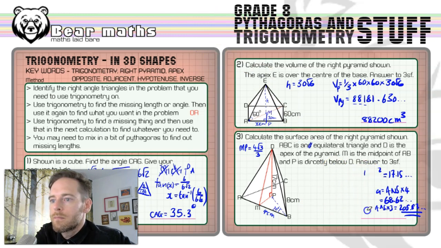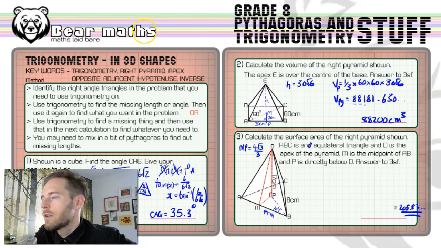for the rest of it, because we need to factor in the base area as well, and for the base area we need to use a bit of Pythagoras again to work out the perpendicular height of that triangle.